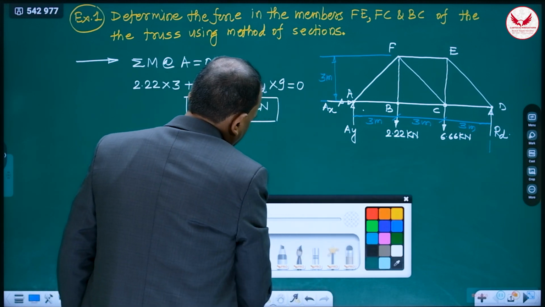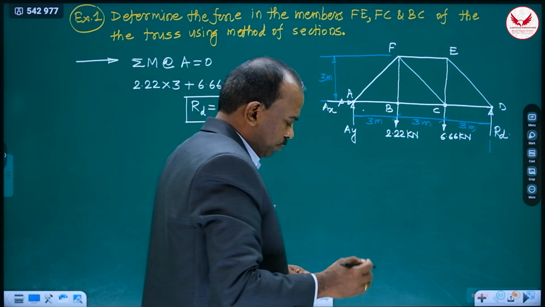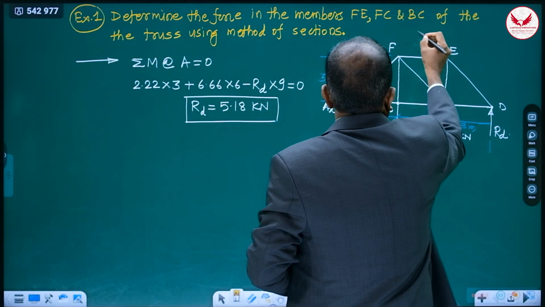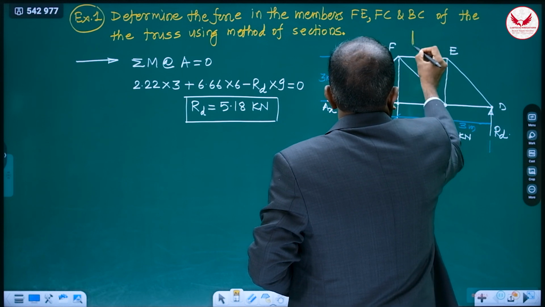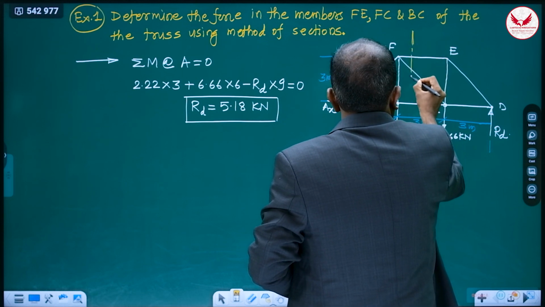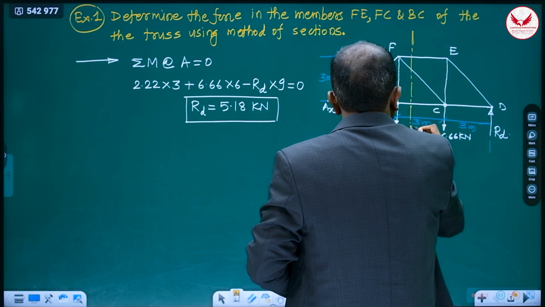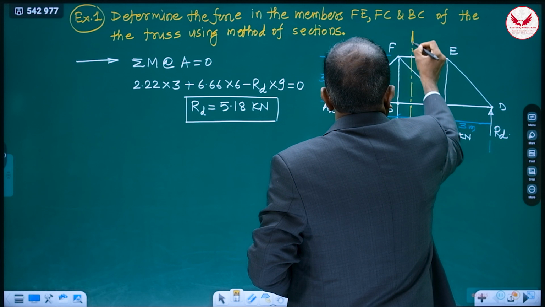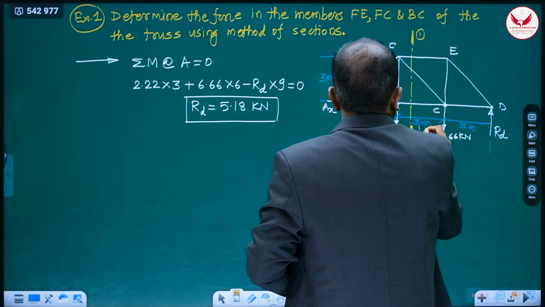So we can take the section. And how we can take the section? It should cut maximum 3 members only. Means this section will be like this, the cutting plane line. In graphics we have studied long dash, small dash. So this is what? A section. It is 1-1.